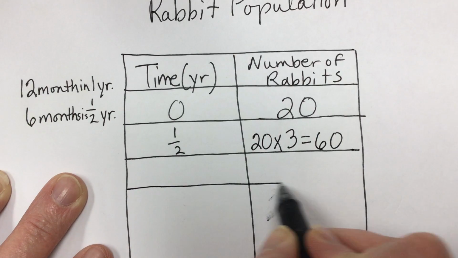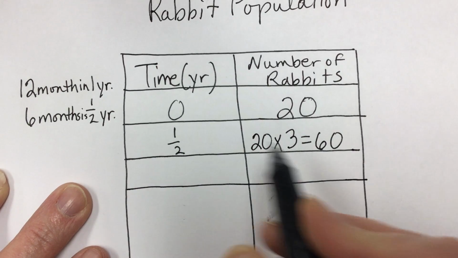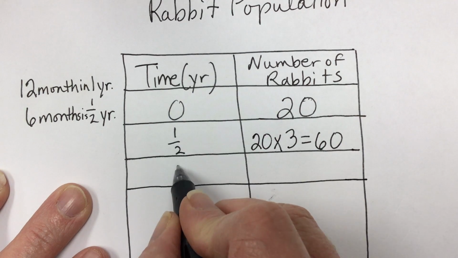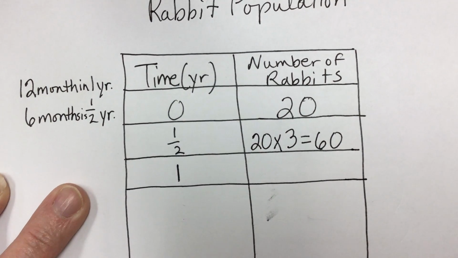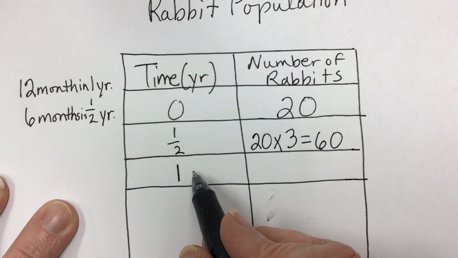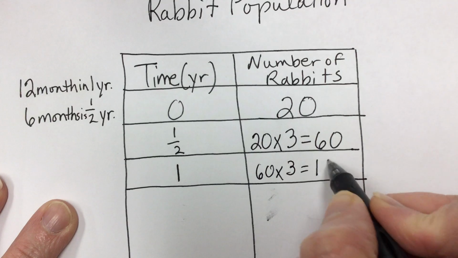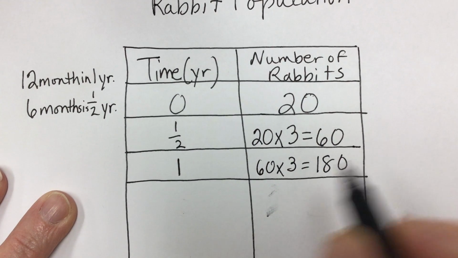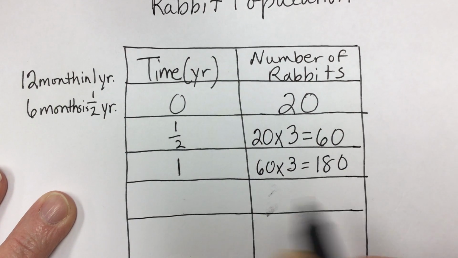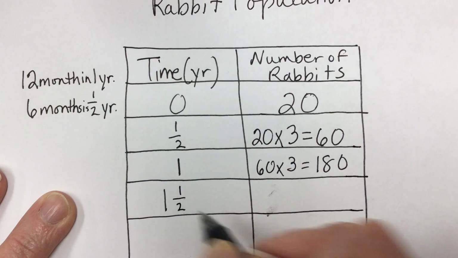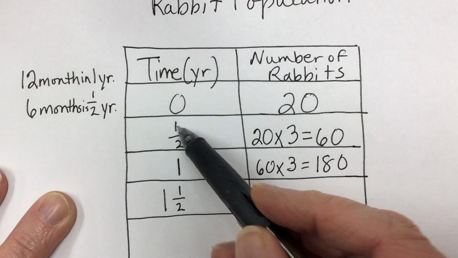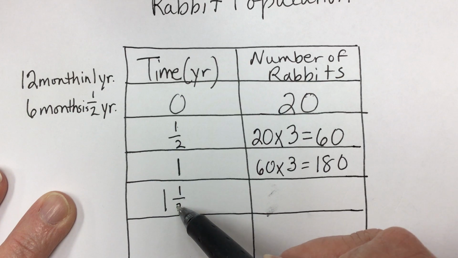All right, another half year has passed. Well, a half plus a half would be 1 full year. We're going to triple again. That's 60 times 3 is 180. Another half year has passed, so this time it's 1.5 years. A half plus 1 is 1.5.